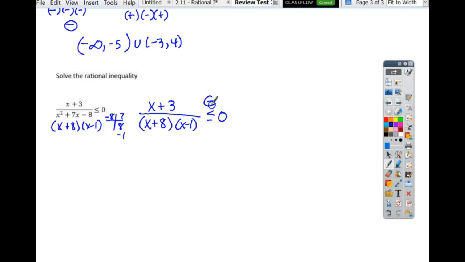So I want negative answers, and so my 0, which is what I get from the top, is x equals negative 3, and this is going to be a closed circle. I want a closed circle because this is my inequality. It has the line. My vertical asymptote comes from the bottom, so x is negative 8 and 1, and asymptotes always get an open circle.